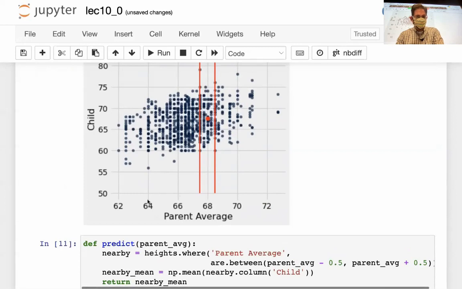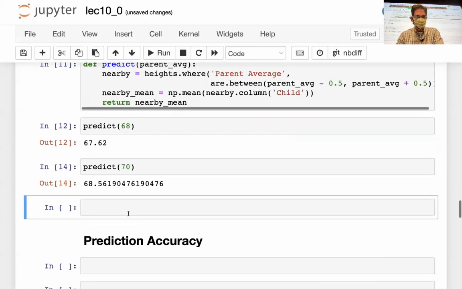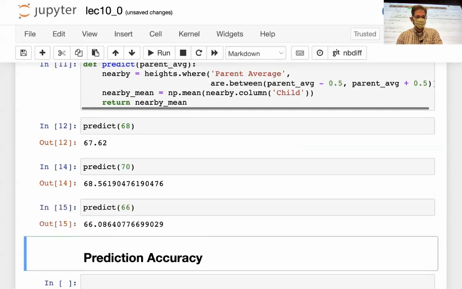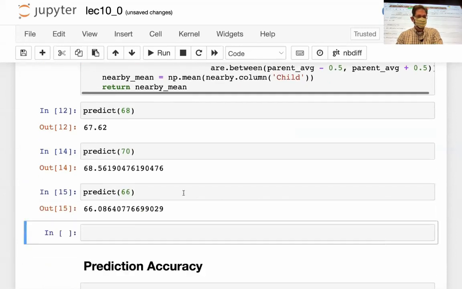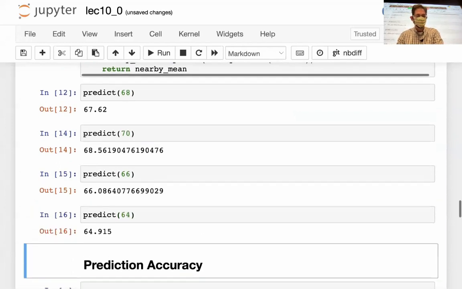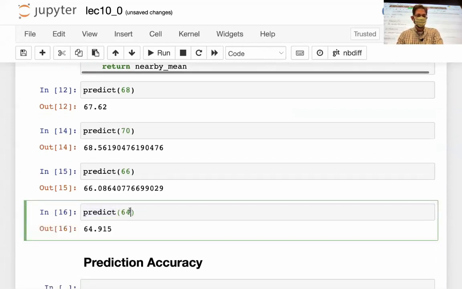How about 66 and 64? So if your parents' average height is 66, then your kid's average height is 66. And if your parents' average height is 64, then the children's average height is not 64, but 65.